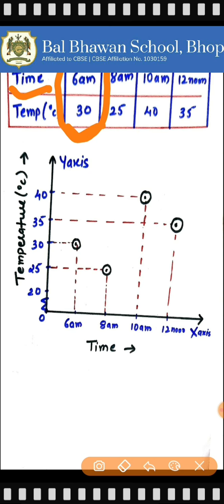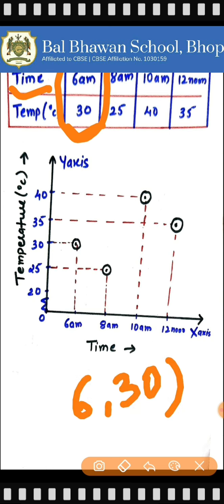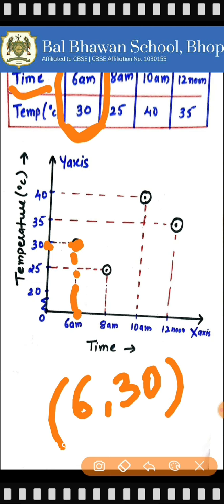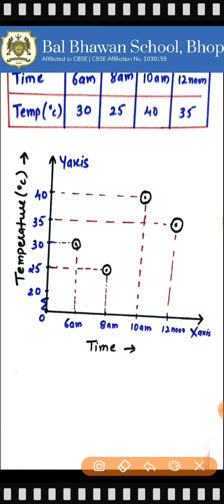So how will you locate a point whose coordinates are 6 and 30? You can see that 6 a.m. is here and 30 is on the y-axis over here. So this point is the location of these two coordinates. Like this is our first point.